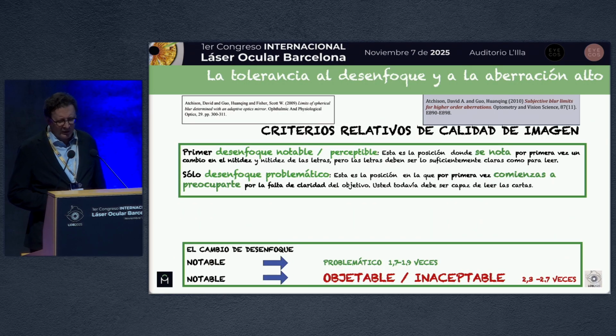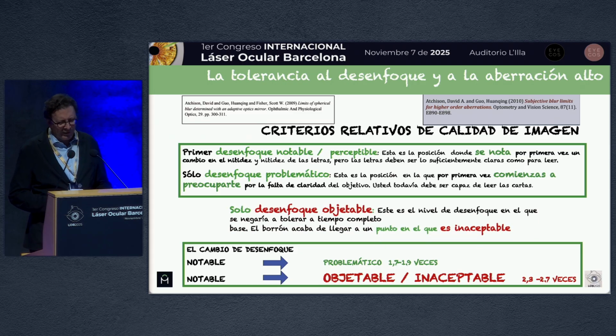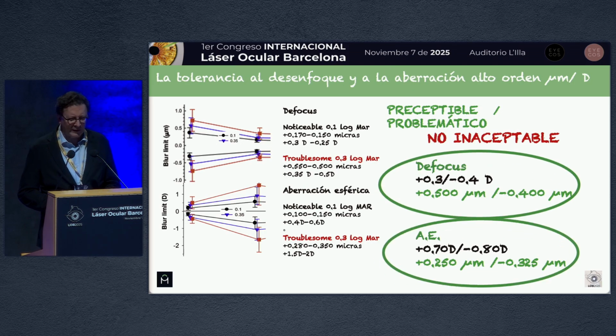Criteria related to the quality of the image. This out of focus may be perceptible, may be problematic, may be not acceptable. So it's unacceptable if they can objectify things. There are margins, so non-acceptable. The focus is minus, plus 0.3, minus 0.4.